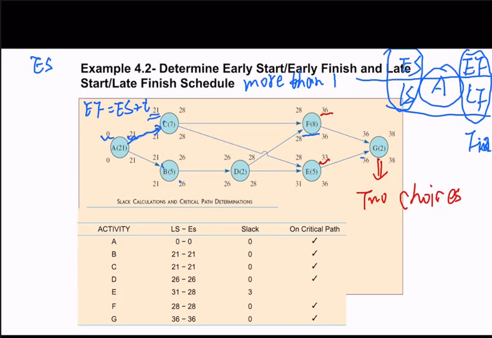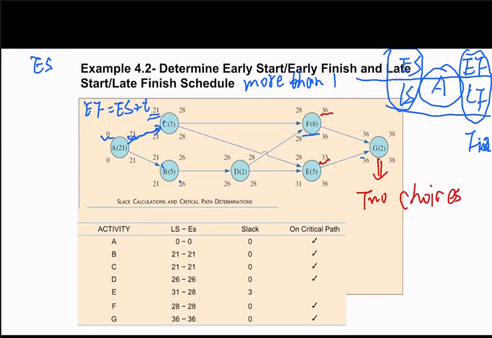So we need 36 weeks to go across all the activities until F, and we need 33 weeks across A to E. So if you want to start G, you need to wait until F has been completed, then you can start G. So it should be the largest EF, which is 36.